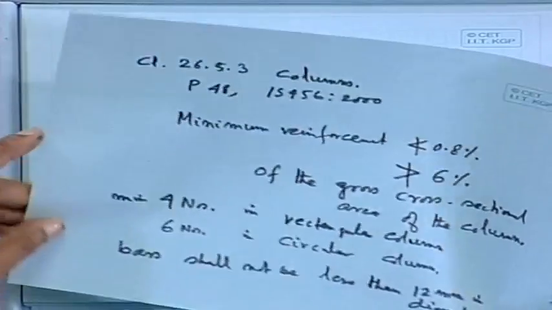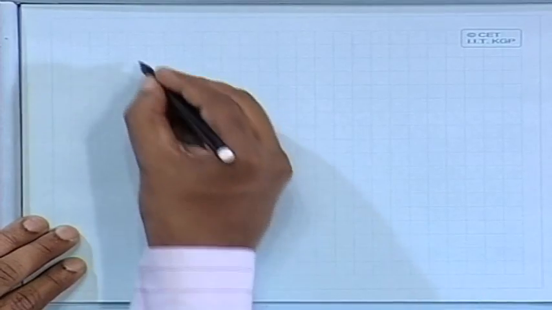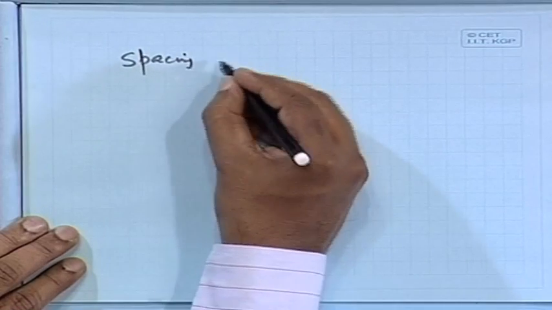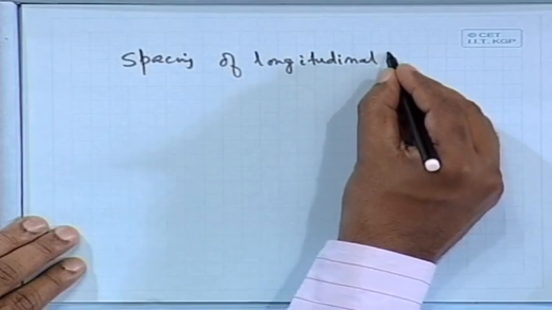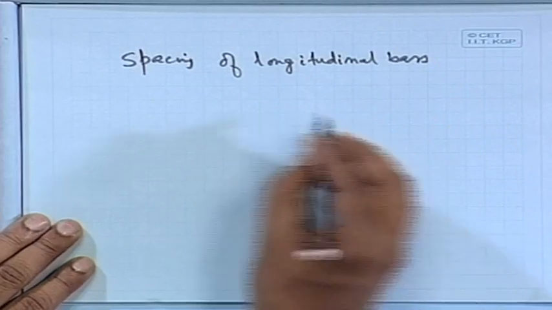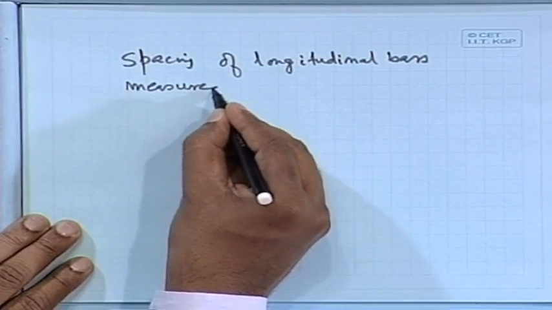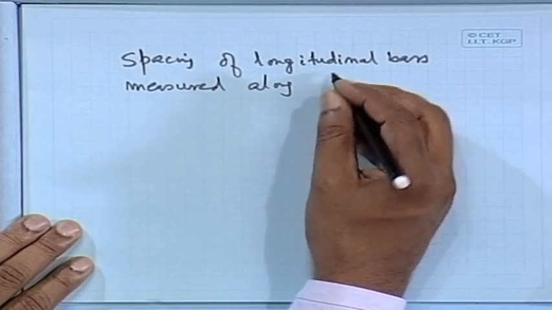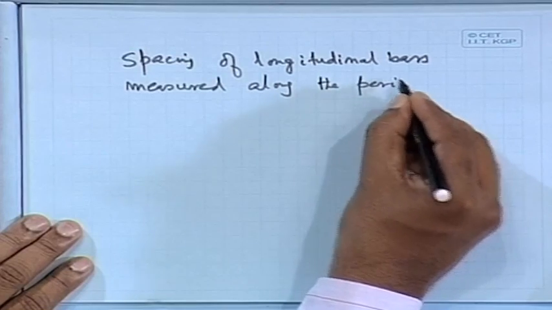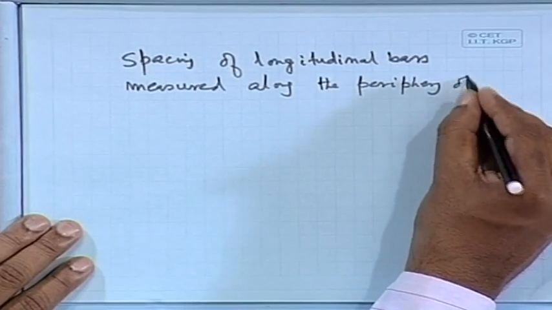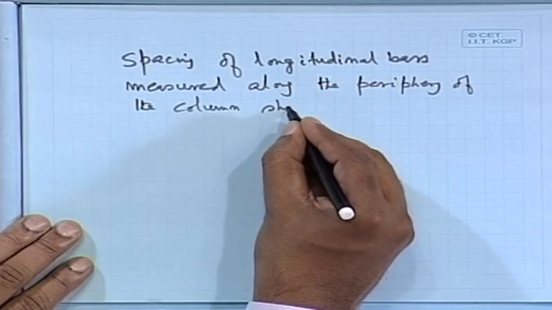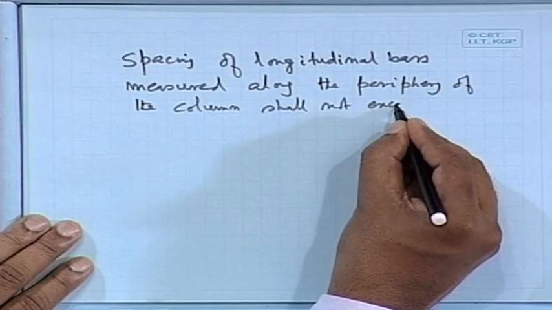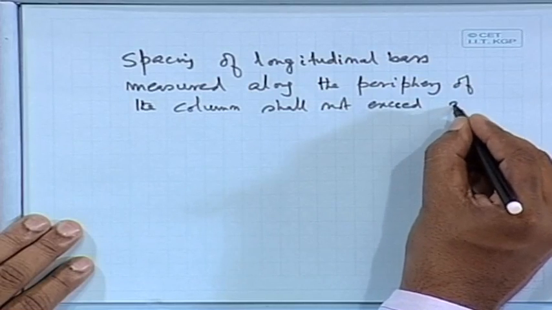Okay. Then we can have spacing of longitudinal bars measured along the periphery of the column shall not exceed 300 millimeter.